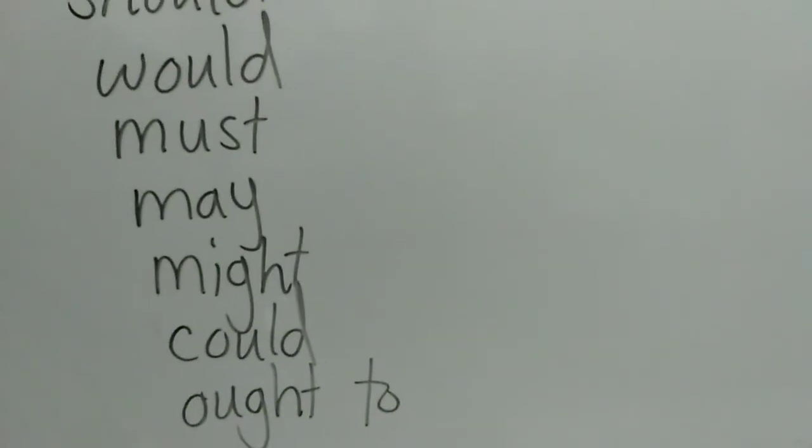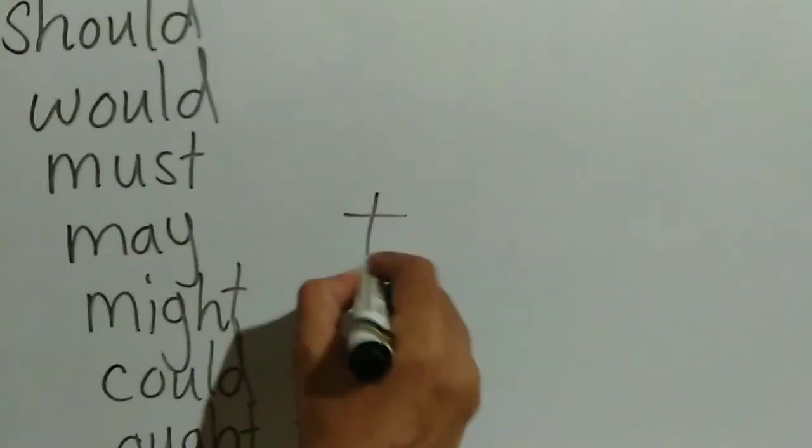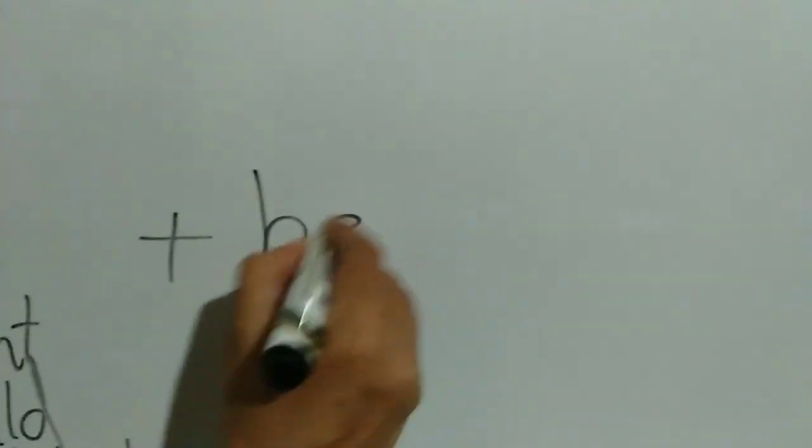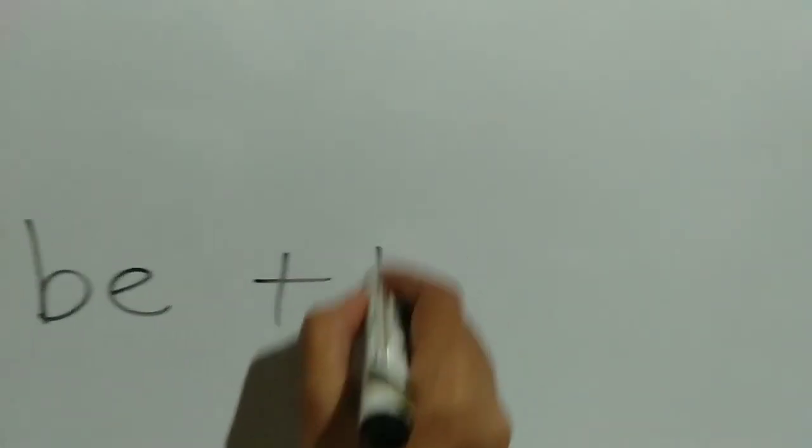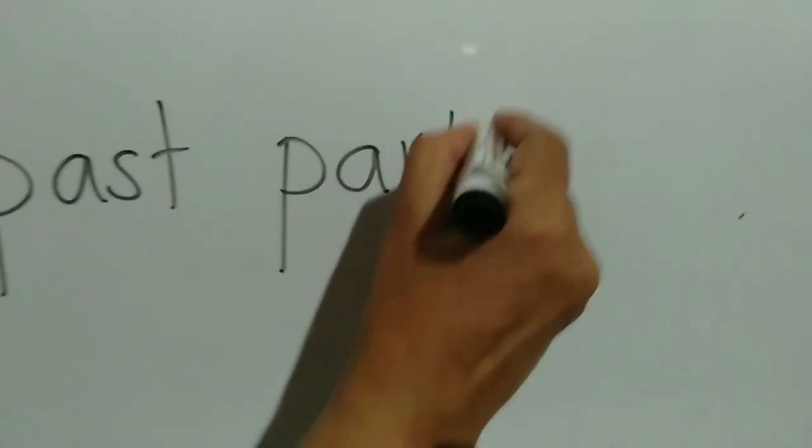With these kinds of modal auxiliary verbs, we put be, then plus past participle.